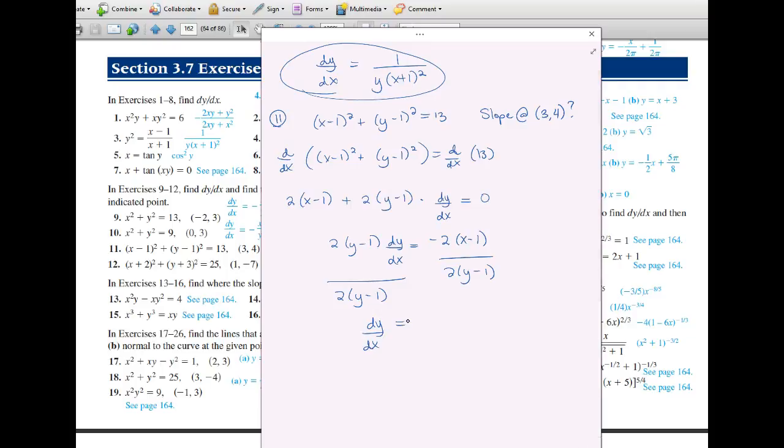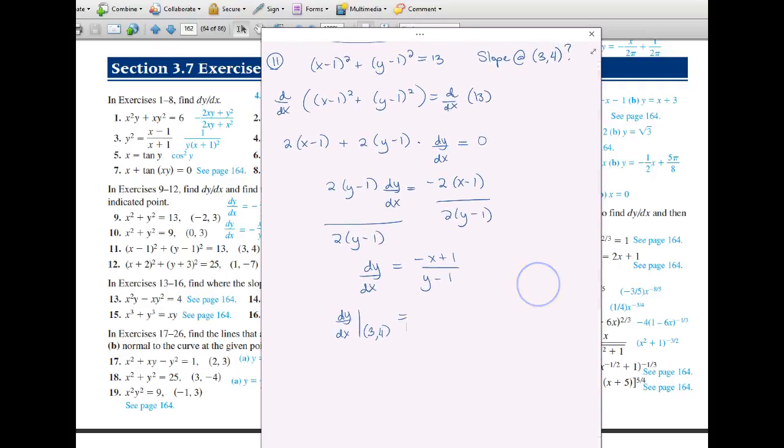So I get -x plus 1 over y minus 1. I just distributed the minus 1. If you left the -1 out in front, that's fine. Because what am I trying to do? I'm trying to find the slope at 3/4. So plug that in.